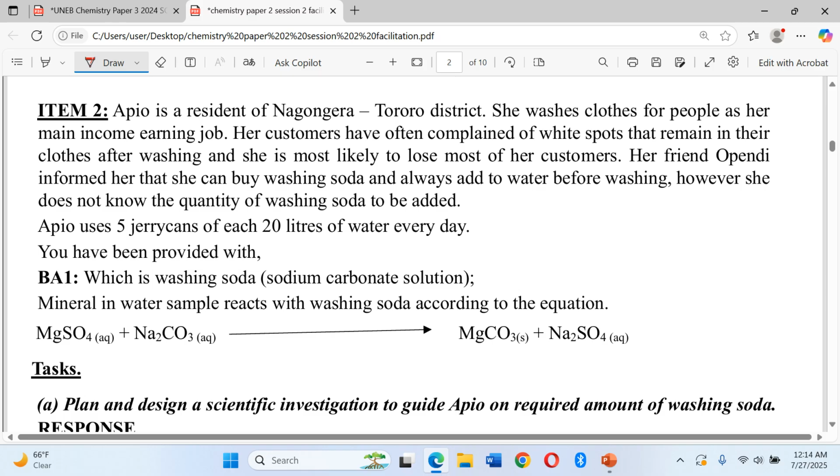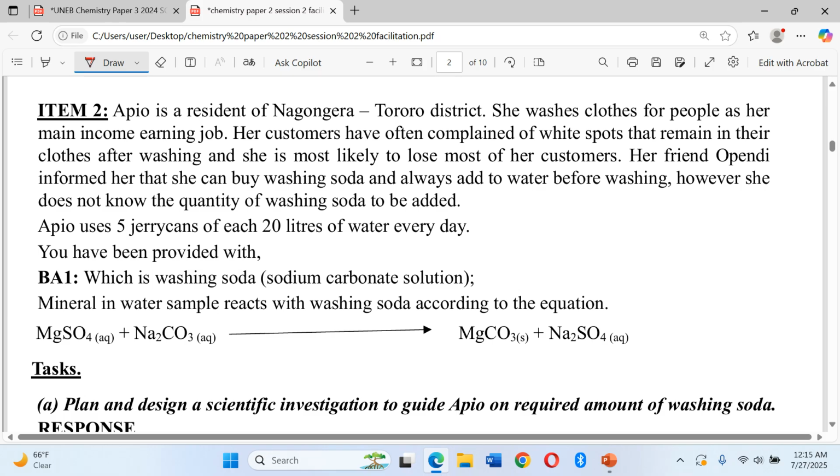You have been provided with BA1, which is washing soda, that is sodium carbonate solution. Mineral in water sample reacts with washing soda according to the equation. The mineral in the water sample is here, the magnesium sulfate. So this is water reacting with sodium carbonate. Now water is having magnesium sulfate, the magnesium ions.